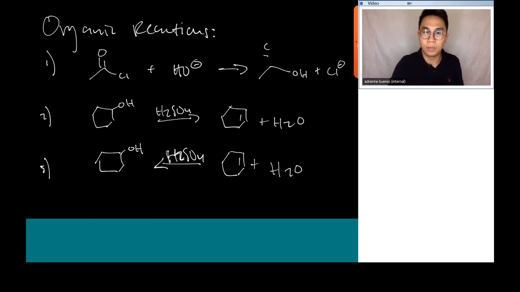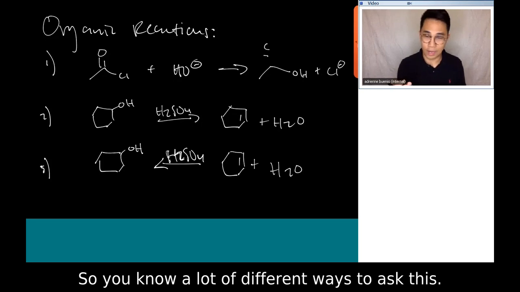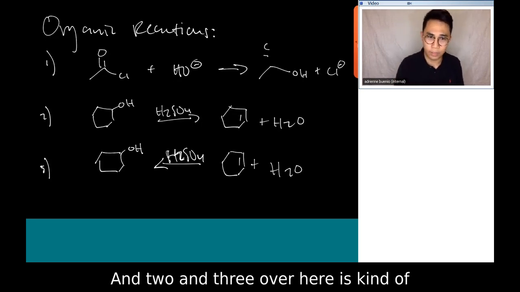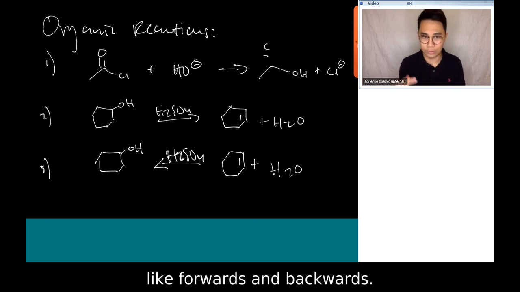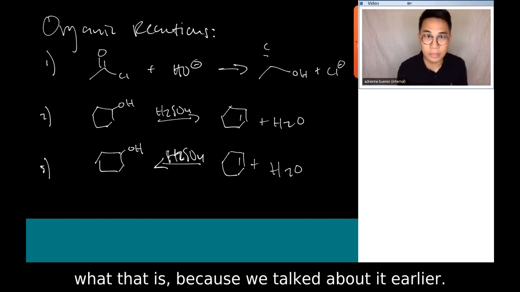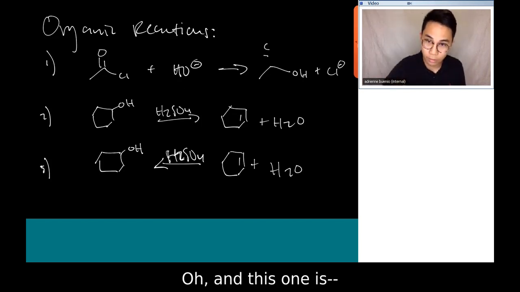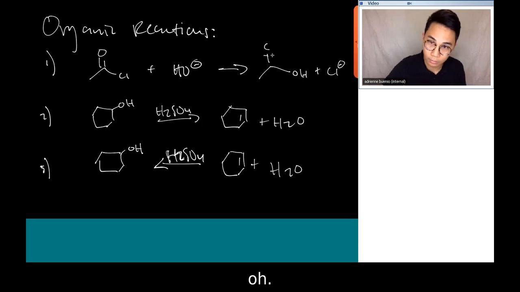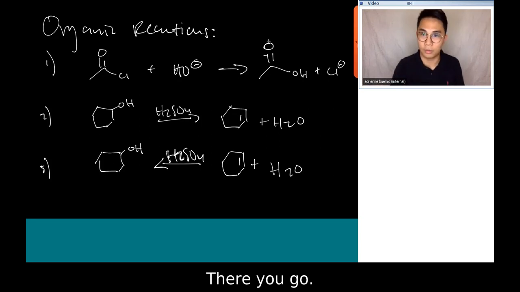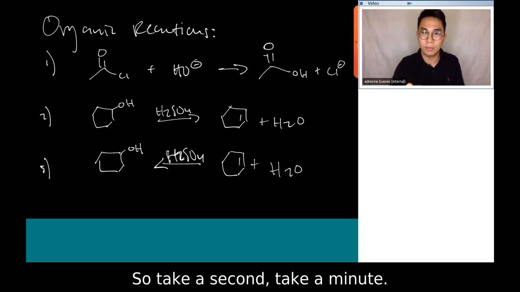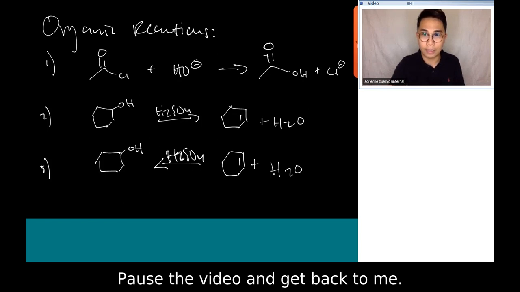Okay, so a lot of different ways to ask this. And like two and three over here is kind of like forwards and backwards, right? And you guys can probably already tell what that is because we talked about it earlier. There you go. So take a minute, pause the video, and get back to me.